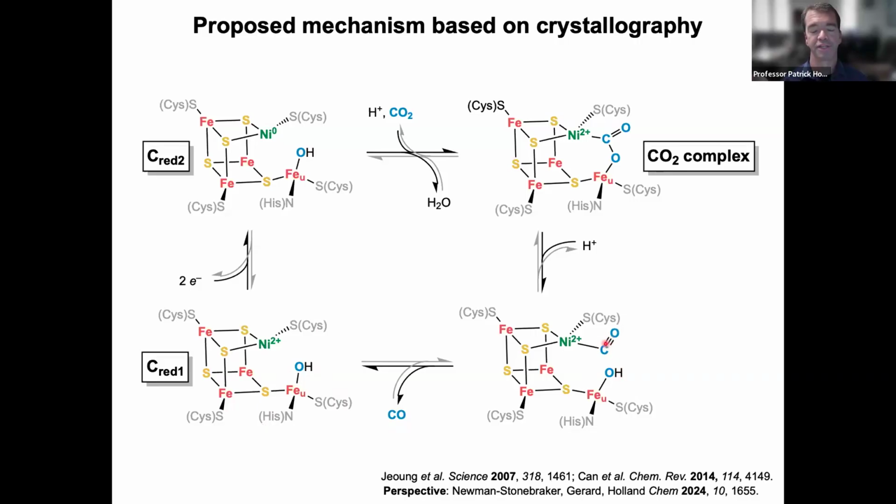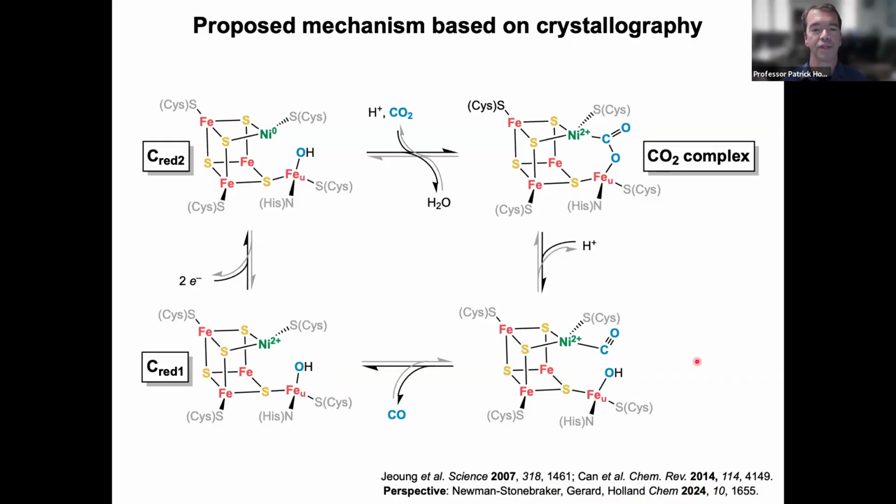I will note that seeing bent CO is very strange. And in this review, we speculated that perhaps this is a superoxide that's actually bound to the nickel in the cluster, but misidentified as CO. But that remains to be seen.